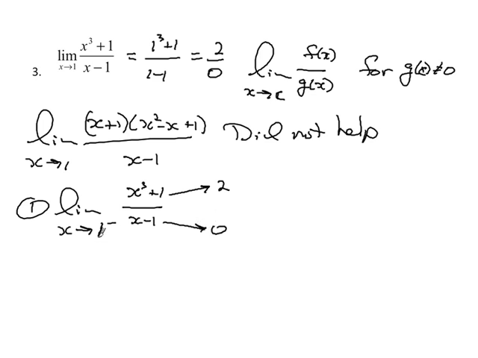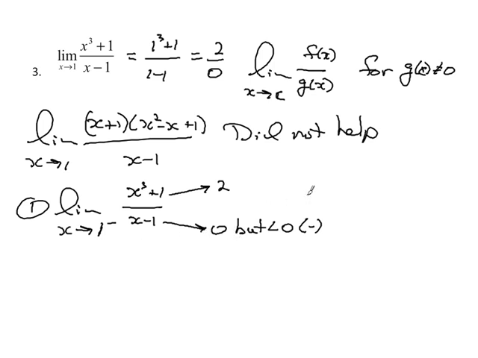But when I approach 1 from the left, this x value will always be less than 1. So I'm going to end up with something less than 1 minus 1, something that is always less than 0. In other words, it's negative. So although I approach 0, the denominator is always going to be negative when I approach from the left.